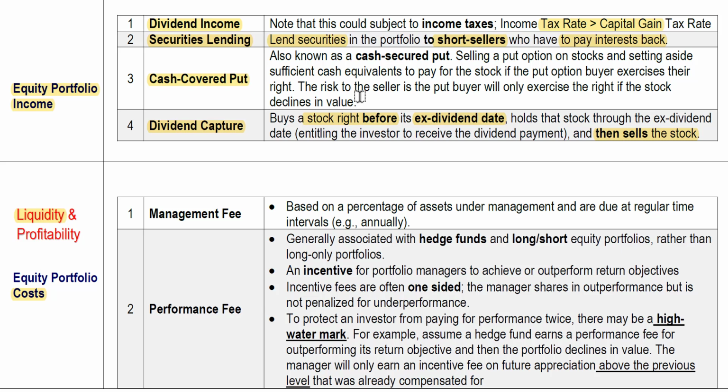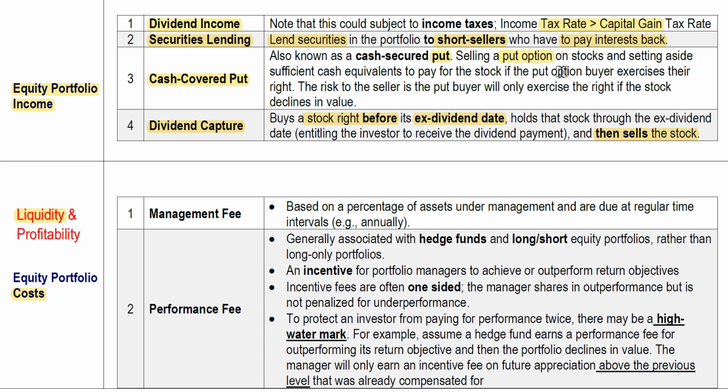Now suppose you believe that the market will continuously go up. Then what you can do here is short the put. Remember the put option is the right to sell. Because the stock keeps going up, nobody will exercise the put, because the price did not go below the exercise price.